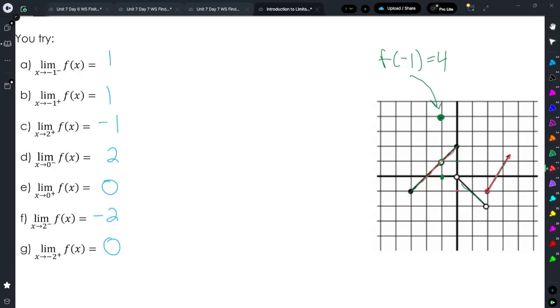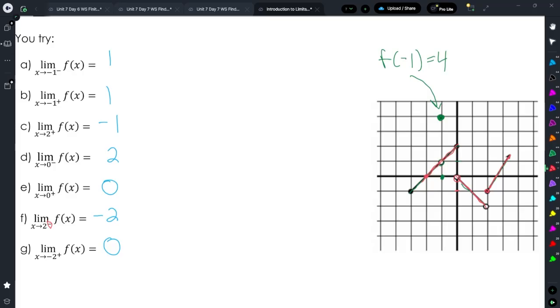But the limit as x approaches 0 from the right side, I'm getting closer and closer to 0, that y value. And then the limit as x approaches 2 from the negative side, or the left side, my y values are getting closer and closer to -2. And then the limit as x approaches -2 from the right side, well, x equals -2 is right here. So from the right side, my y values are getting closer and closer to 0.